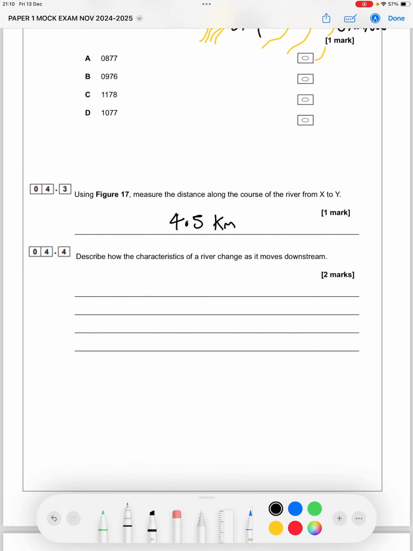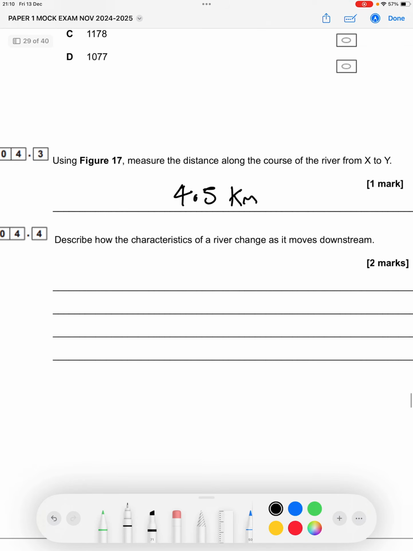Describe how the characteristics of a river change as it moves downstream. Now let's imagine you arrive at this question and you are really not sure, so you're a bit bamboozled by this question, slow down and take your time. So, it says describe.